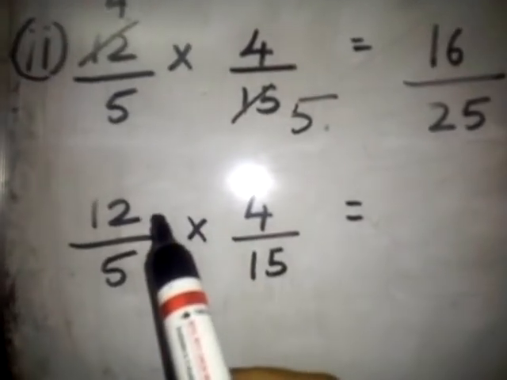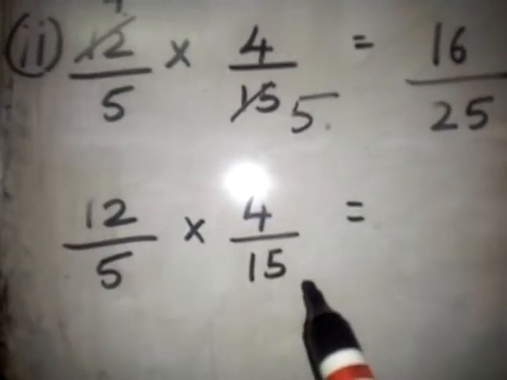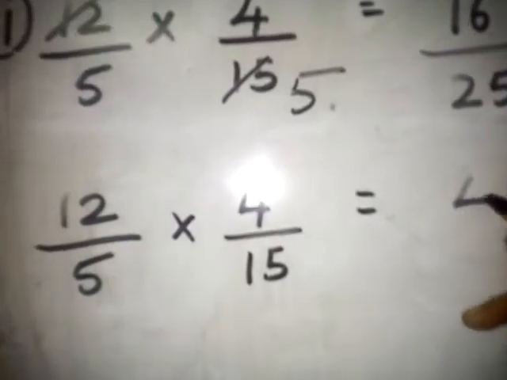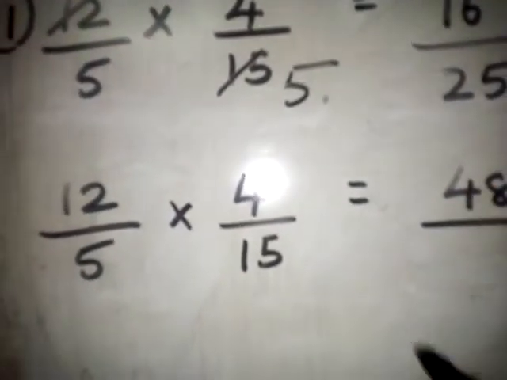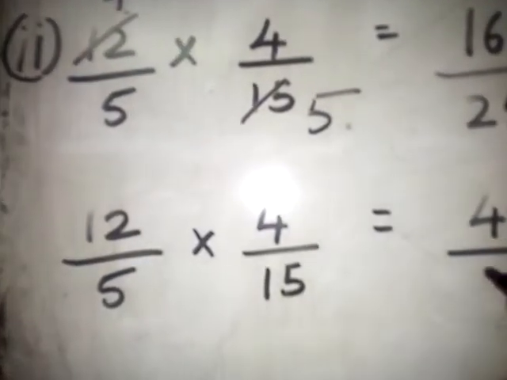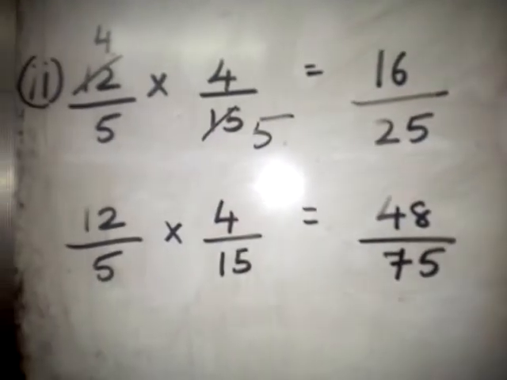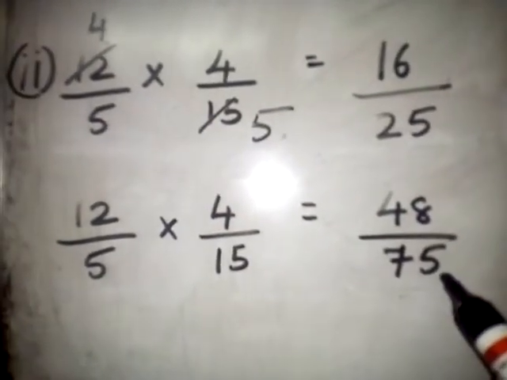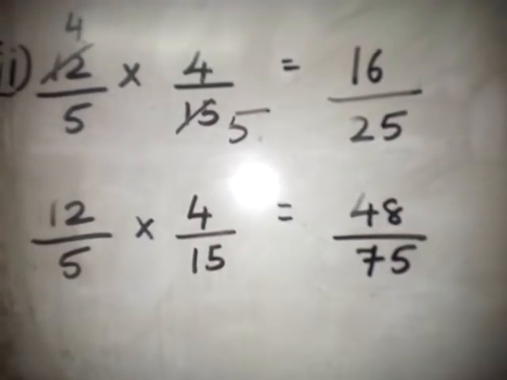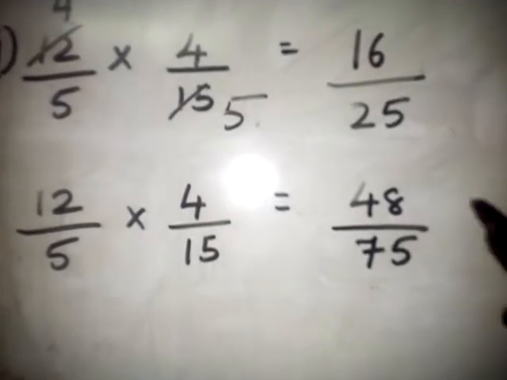In the second method you have to multiply both in numerator and also in denominator. 12 4s are 48. 15 5s are 75. 48 upon 75, which number is in the same table, you can do cancellation or you can do the multiplication form and then you will get the final answer.